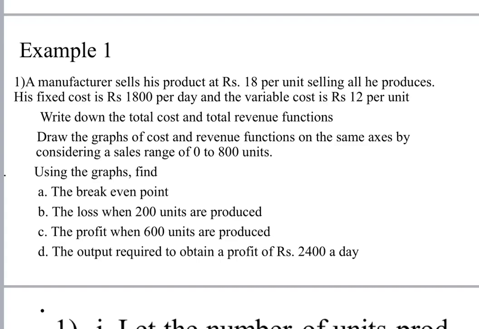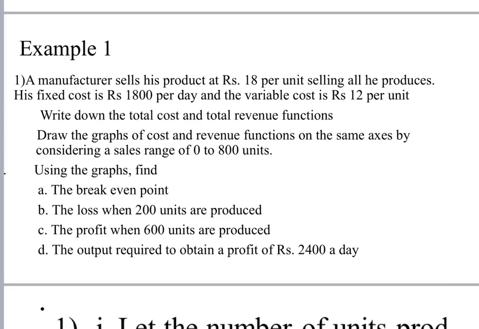So shall I summarize the given information? Per unit selling price is 18 rupees, per unit variable cost is 12 rupees, and fixed cost is 1,800.